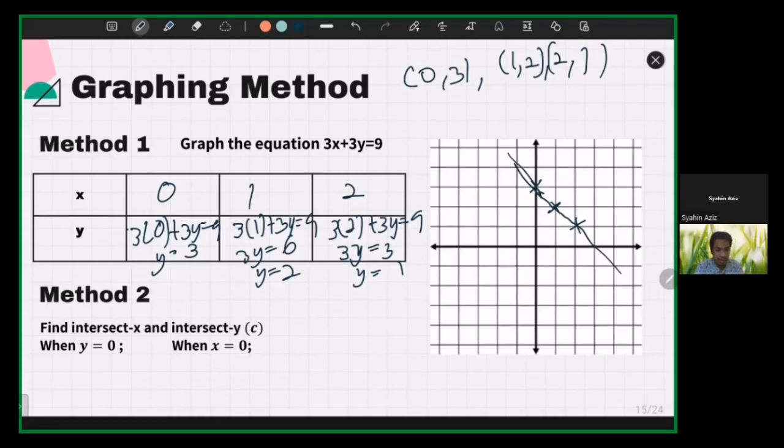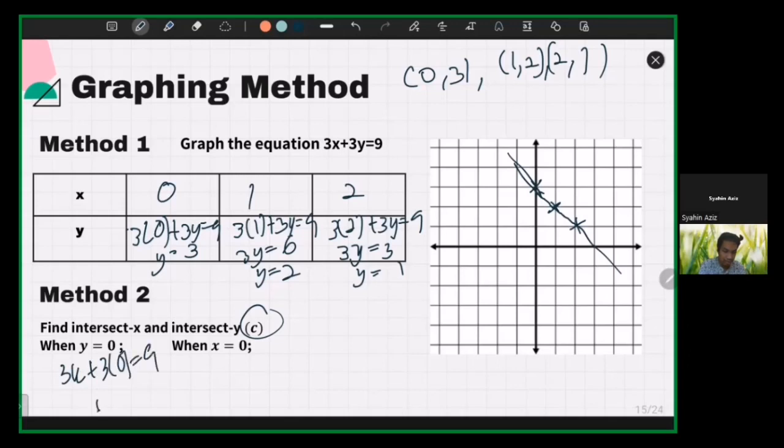And then the second method we use is to find the intercept x and intercept y, the c value. When y equals 0, we get the intercept x, which is like this: 3x + 3(0) = 9.